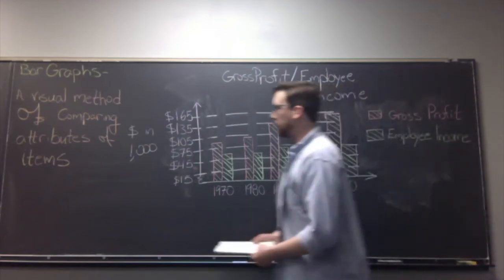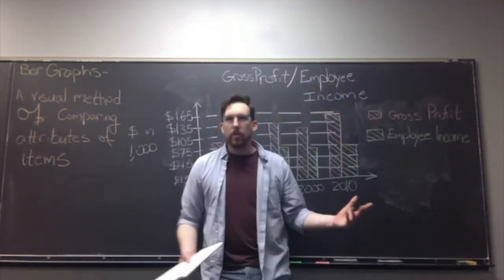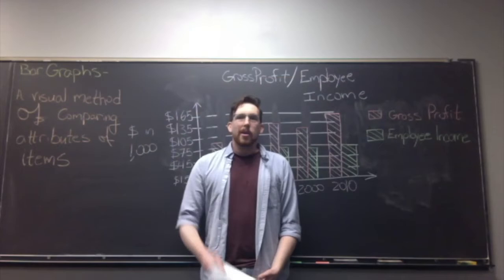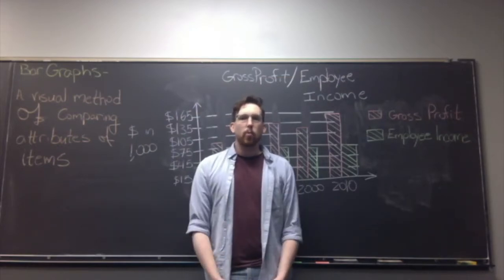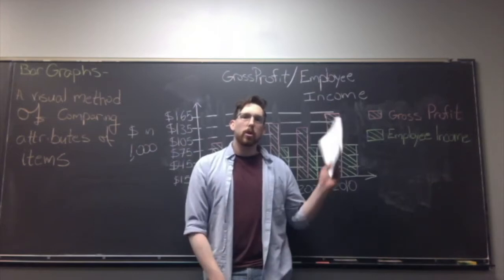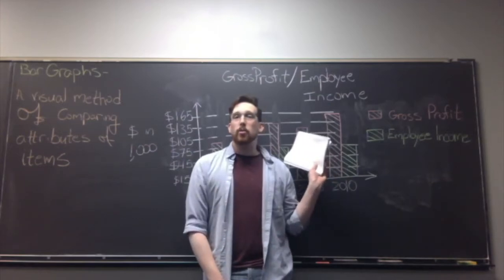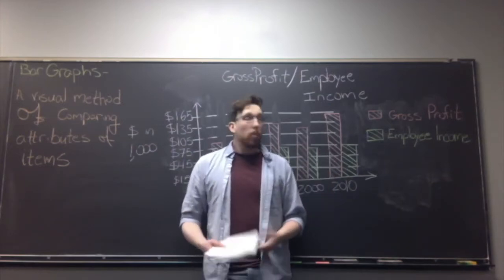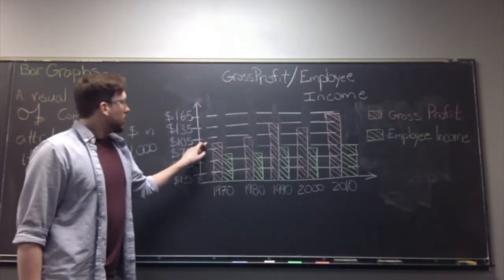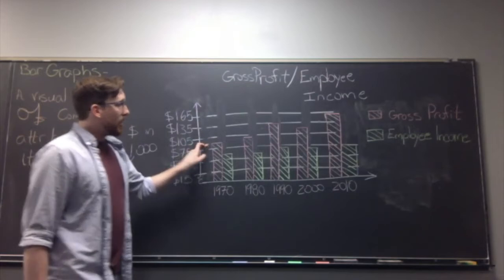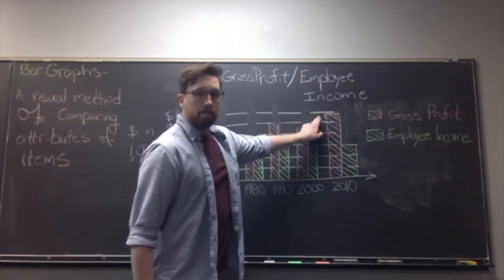Okay, cool. Great way of visualizing this data. Now, what type of questions might we ask about this? What might we want to know using this sort of a graph? Well, we might ask what the rate of change is from 1970 to 2010.